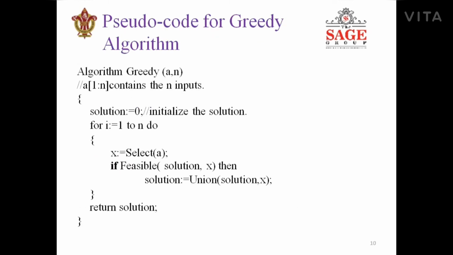This is the algorithm for the greedy method, where we can see that in the first statement we have written the name of the algorithm, Greedy, with A and n. A is the array having the input values and the number of inputs is n.